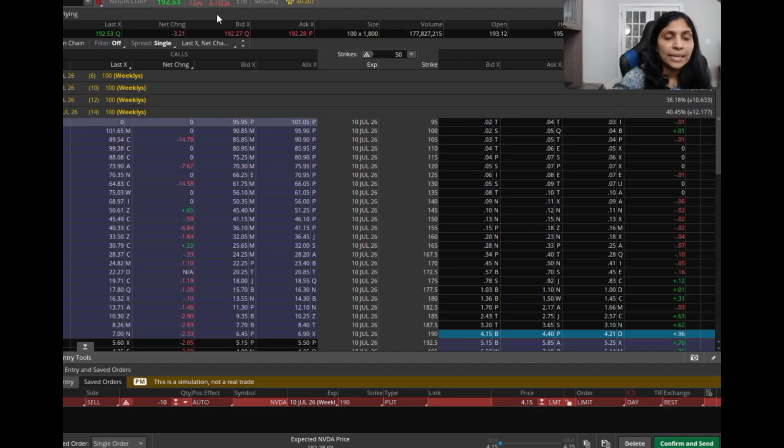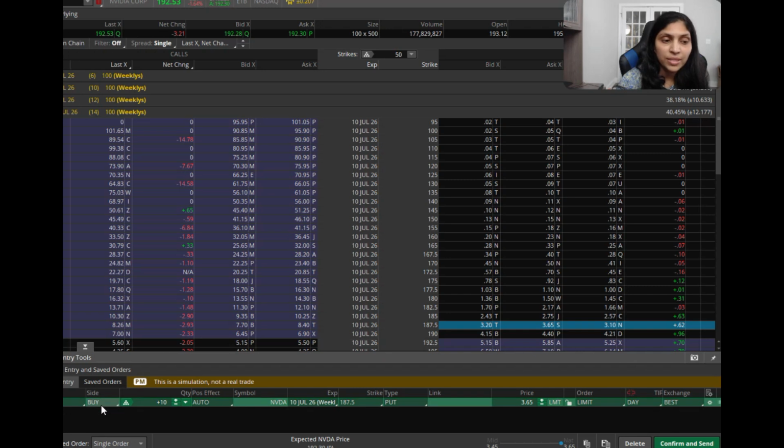So, we'll see this NVIDIA option chain, and we discussed this is the call side and this is the put side. On the put side also we have bid and ask. If you click onto the ask, which is a put buy, you will do this when you think the market is going to crash.